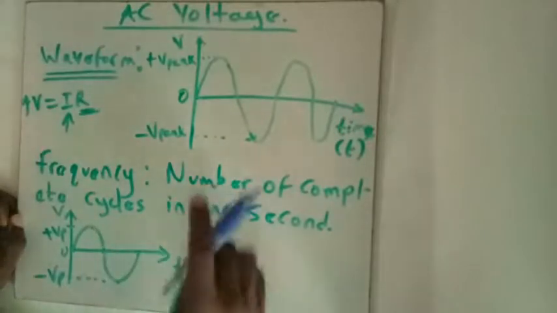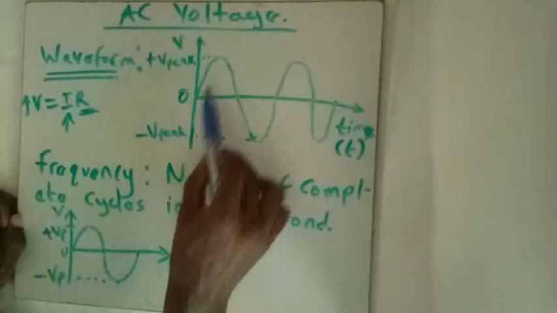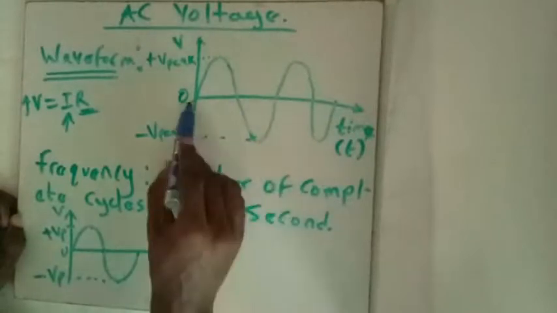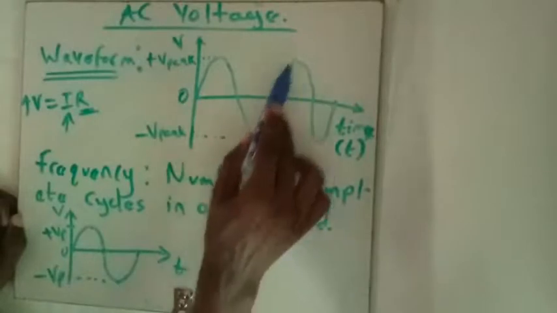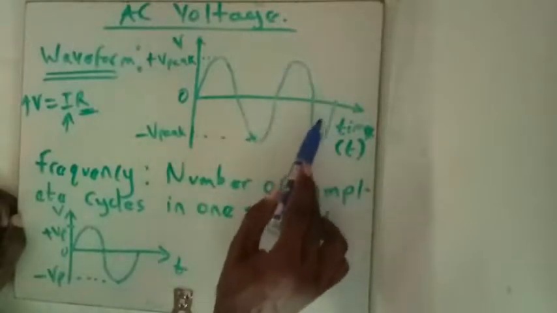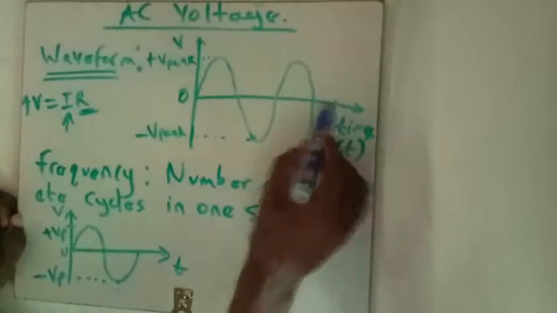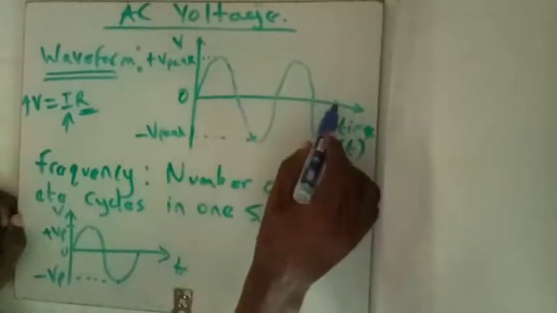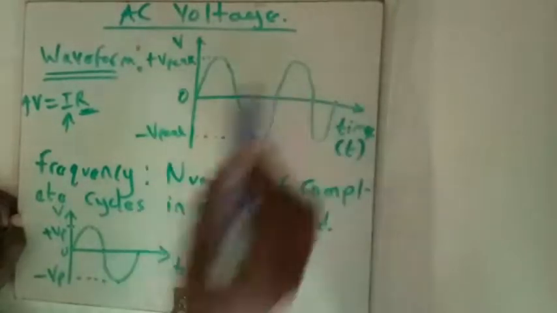So for example, in the AC voltage waveform that we have above, we have 2 complete cycles. This is 1 complete cycle, this is a second complete cycle. Let's assume that the duration from here to here is 1 second, so we have 2 complete cycles in 1 second.